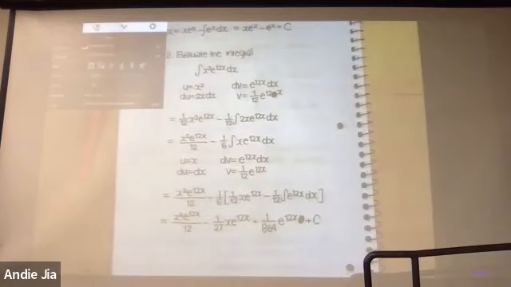Sometimes you need to use integration by parts more than once. Let's do another example.